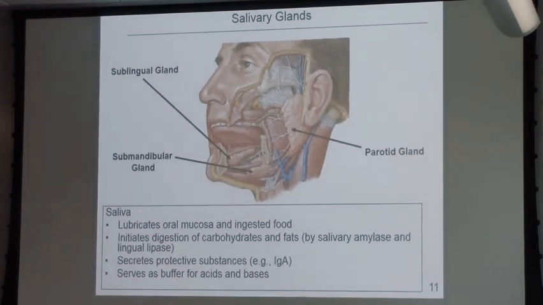But that doesn't really do anything until we have bile, and we don't have bile until we're in the small intestine. It's there, but I don't think it's a major component of digestion. So the main point here is lubrication, amylase, and a little bit of lipase. Three glands: parotid, submandibular, sublingual.